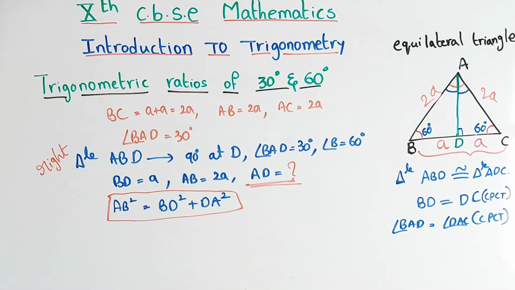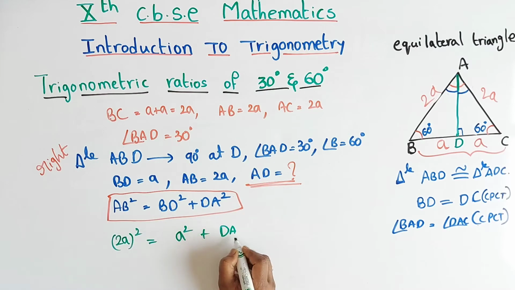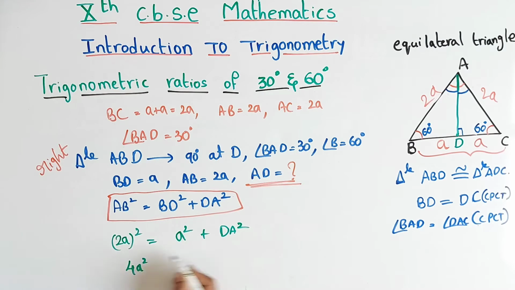We know AB value, that is 2A whole square, equal to BD value we know, A square, plus DA we don't know. So this is 4A square. This A square will go this side, minus A square, equal to DA square. So 4A square minus A square, it is 3A square, children.